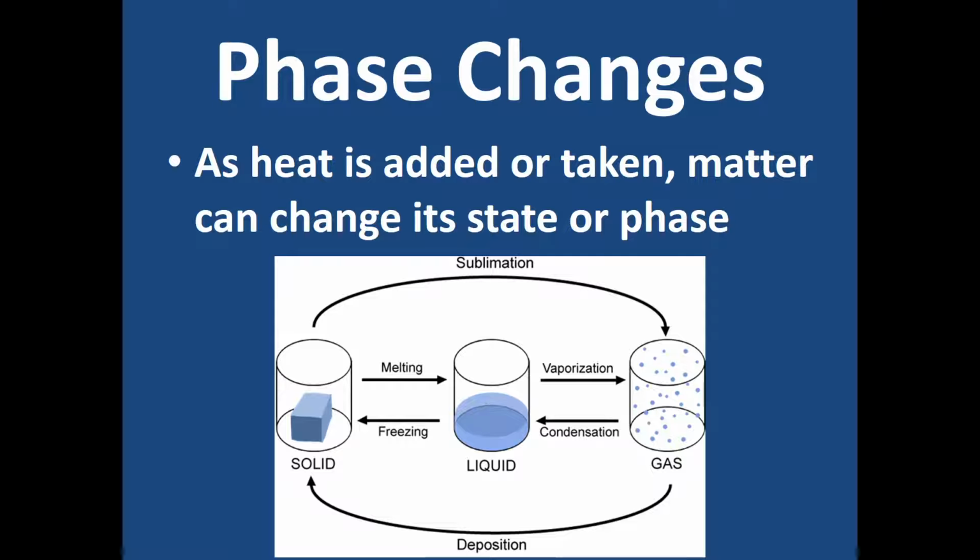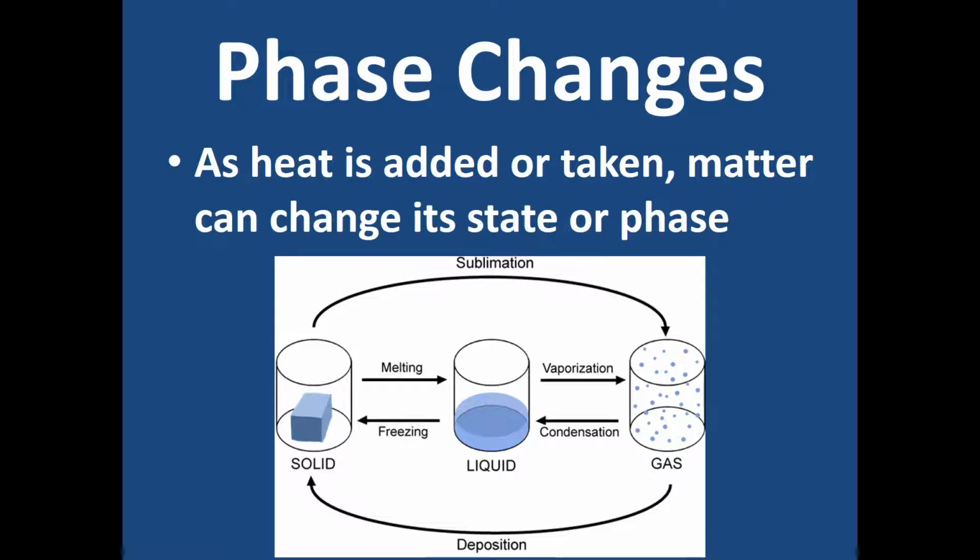You'll need to memorize each of these terms, this entire diagram. If I say something sublimes or undergoes sublimation, I'm referring to it going from a solid to a gas.